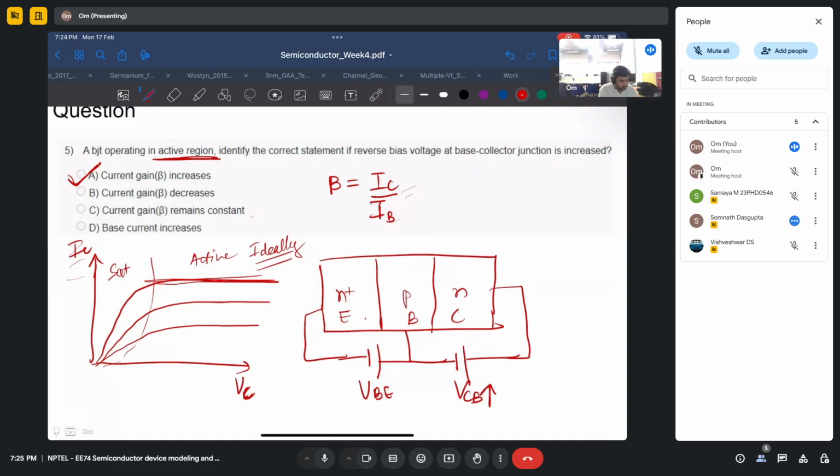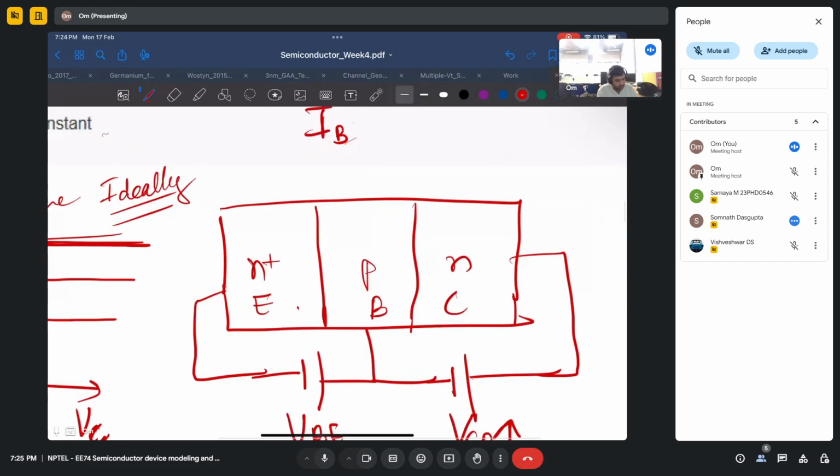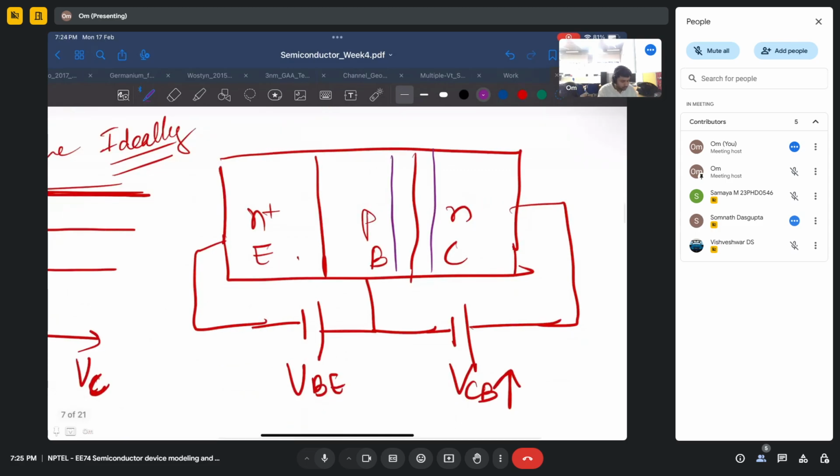But how do we understand this? Let's look into the device. You have some depletion width on both sides. When you are increasing VCB, this depletion width would increase, right? So there will be some depletion here also. Let's say your base width is TB.